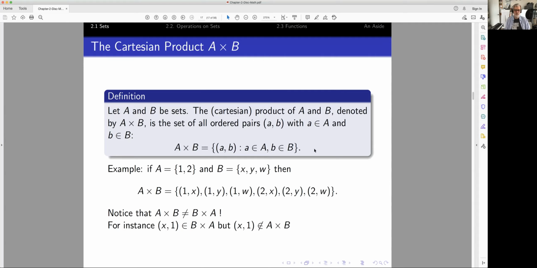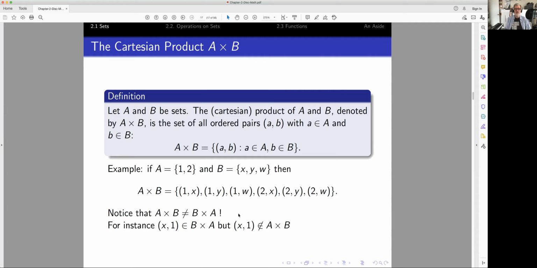Sorry, I'm losing my voice. Here's a little baby example. If I have the set A consisting of two elements, 1, 2, and the set B consisting of three elements, X, Y, W, then what is A times B? It's all pairs where the first entry is from A and the second entry is from B. So I listed all of them here: 1X, 1Y, 1W, 2X, 2Y, 2W.